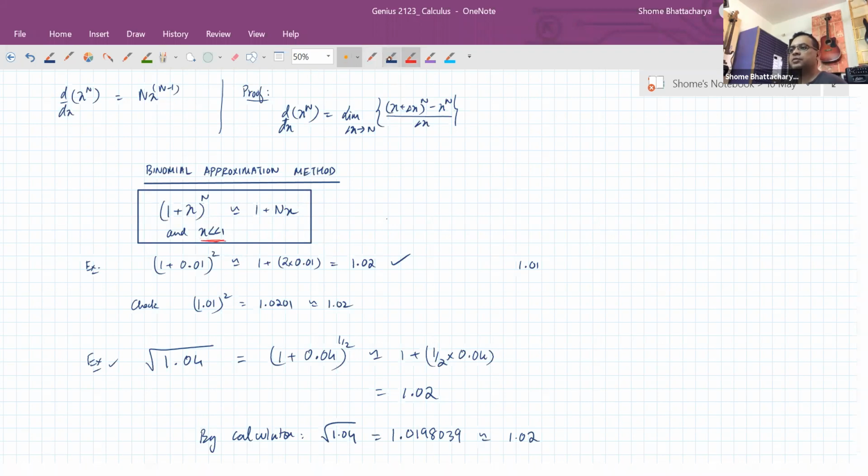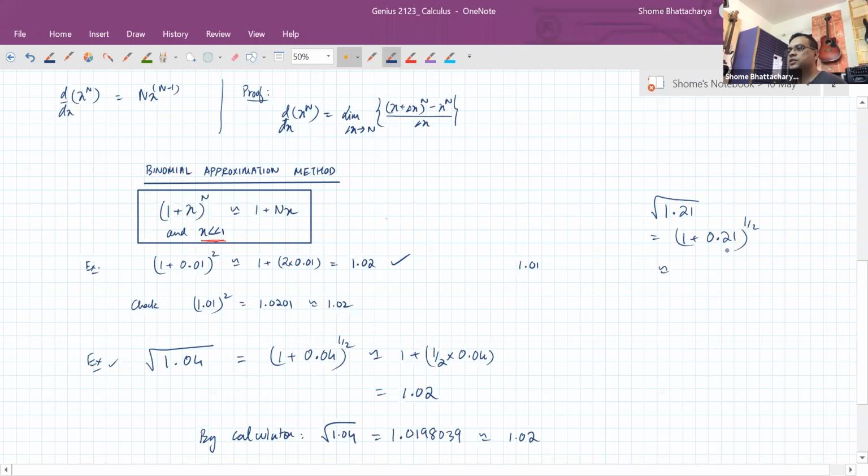For example, let's check square root of 1.21, which is (1 plus 0.21) to the power half. This might not be so effective, because 0.21 is not very small compared to 1. It's greater than one fifth of 1. But still, let's see what we'll get.